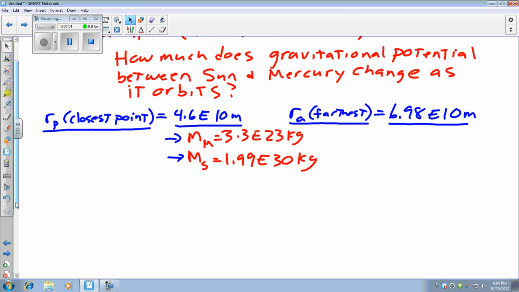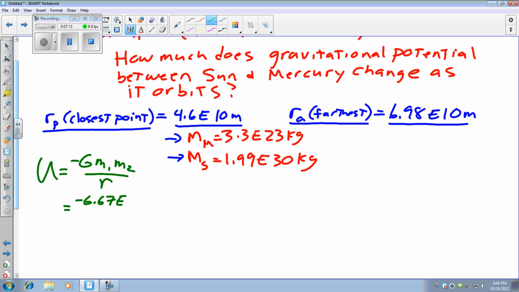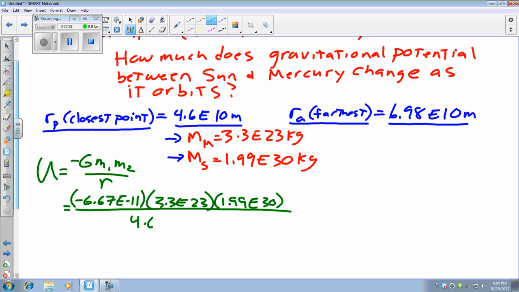All right, so in the end, what you do is U is equal to negative G M1 M2 over R. So I have negative 6.67 times 10 to the negative 11 times 3.3 E23 times 1.99 E30, all that over 4.6 E10. That is the potential at the nearest point.